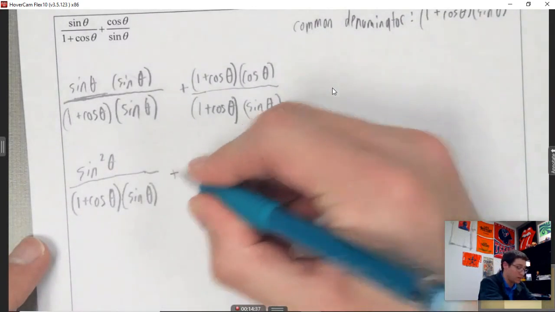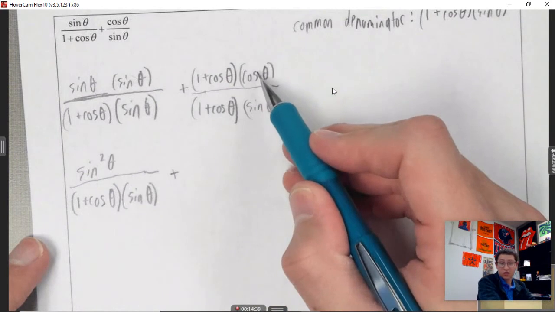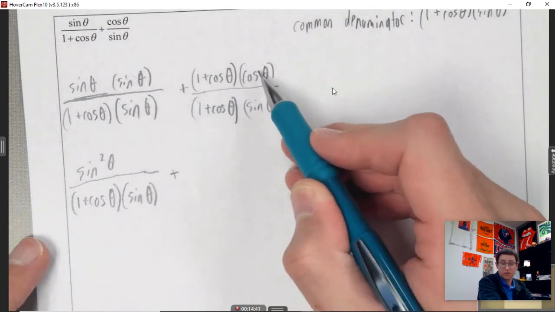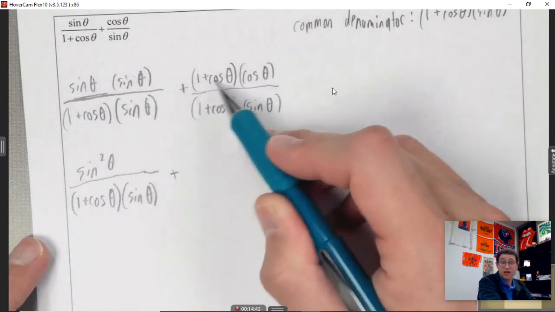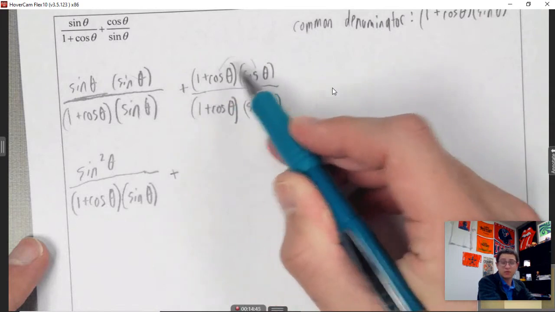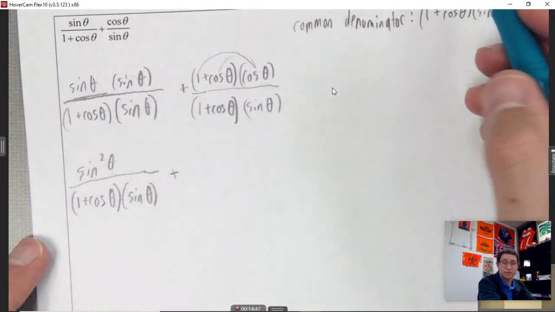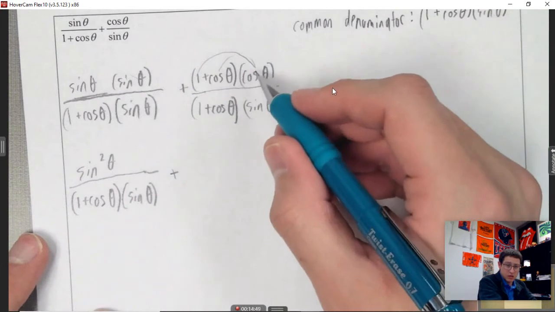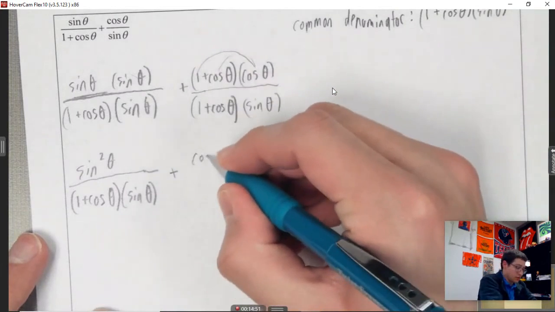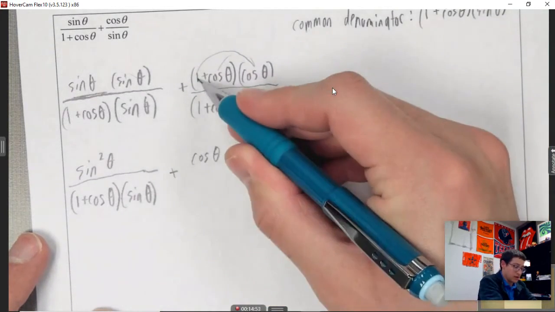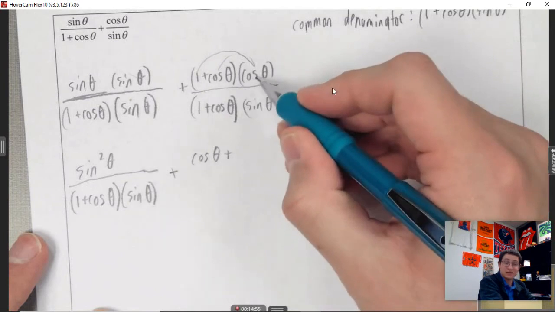Up top over here, I've got cosine of theta times these two. So I've got two terms here, so I can distribute. We'll go ahead and do that. This cosine of theta here, and then plus cosine times cosine.